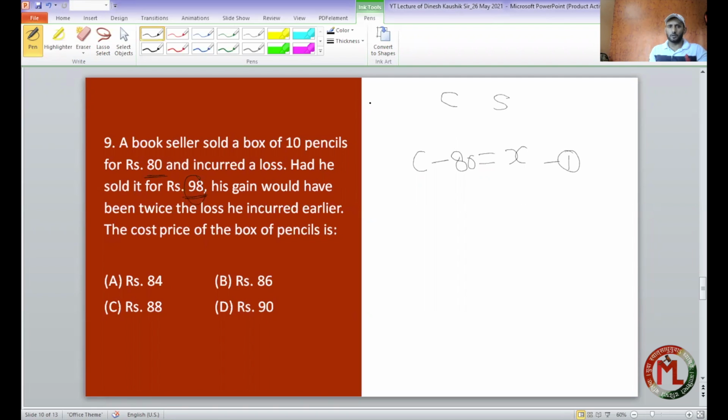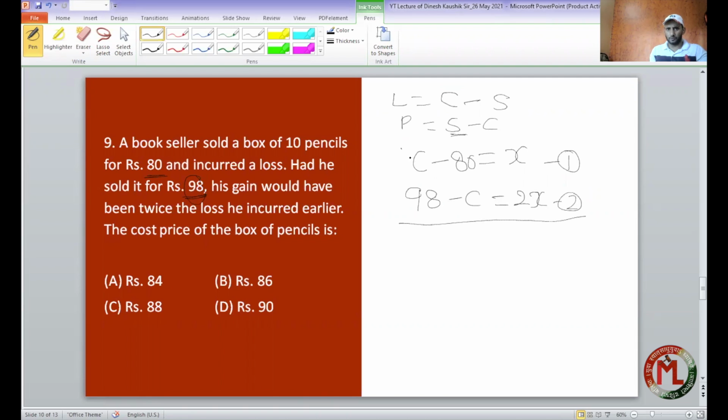Loss is cost minus selling and profit is selling minus cost. There will be a profit when selling price is higher than the cost price. So second equation will be, he is making a profit. So profit is selling minus cost. That is twice the loss incurred earlier. So it will be 2x.